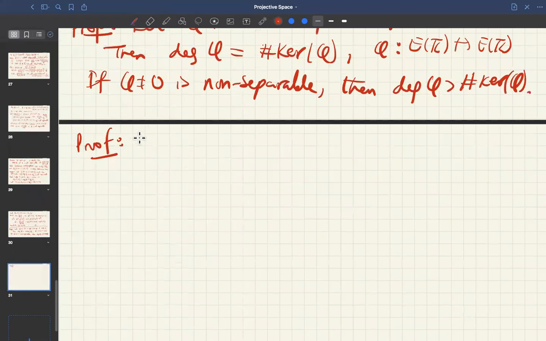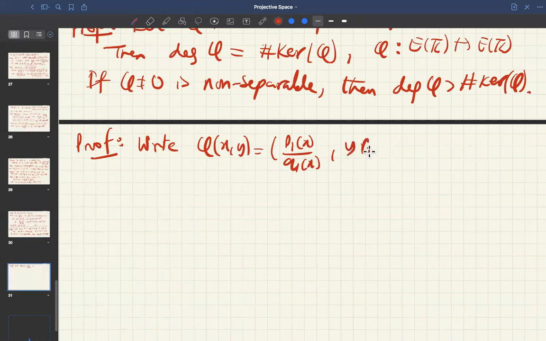Write phi of (x,y) as (p1(x)/q1(x), y r2(x)).